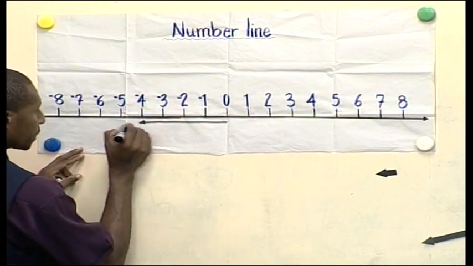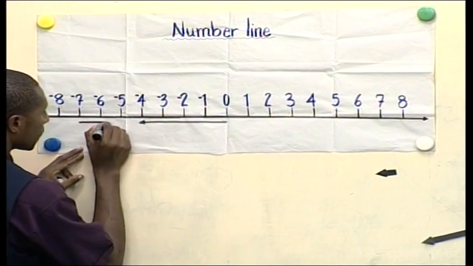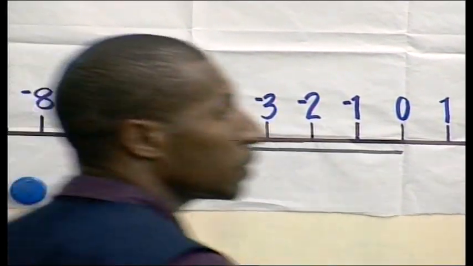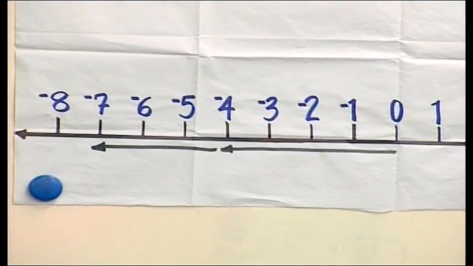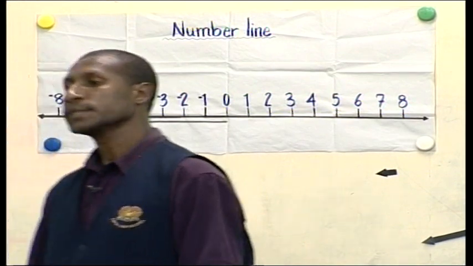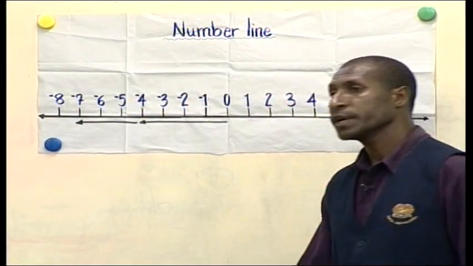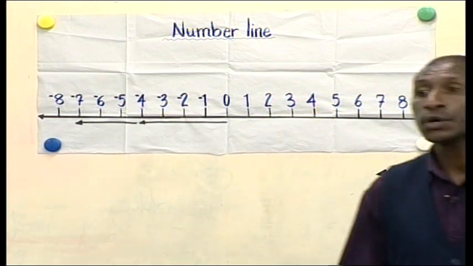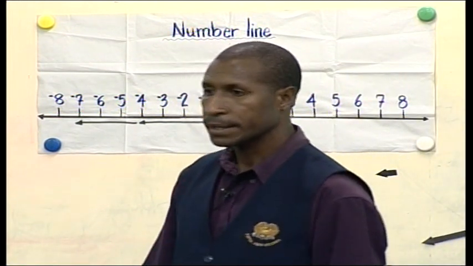Now, where do we finish? We should finish at -7. So, -4 plus -3 is equal to -7. You should have something like this drawn on your number line.